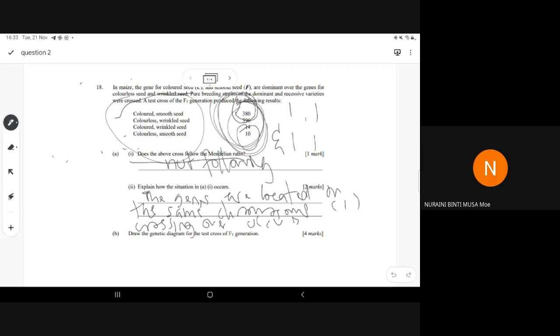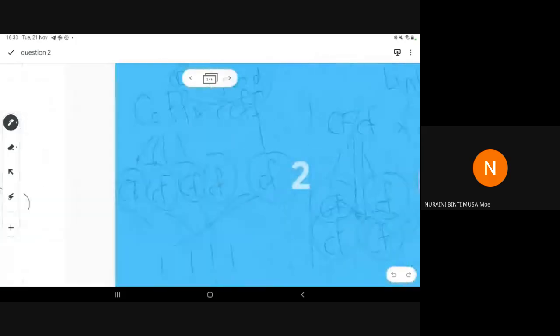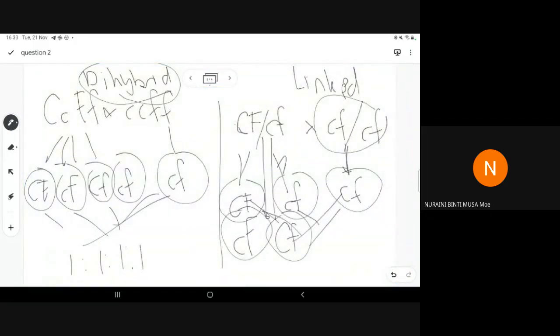Okay, tapi dalam ni walaupun again sama juga 4 gamete juga, 1, 2, 3, 4, sama je macam normal dihybrid, 4 gamete, but the hybrid gamete ni tak banyak because again it's not due to independent assortment, but it's due to crossing over, and crossing over is a rare process that happens during meiosis. Okay, so when they cross, the hybrid phenotype will be smaller in numbers compared to the parental phenotype.